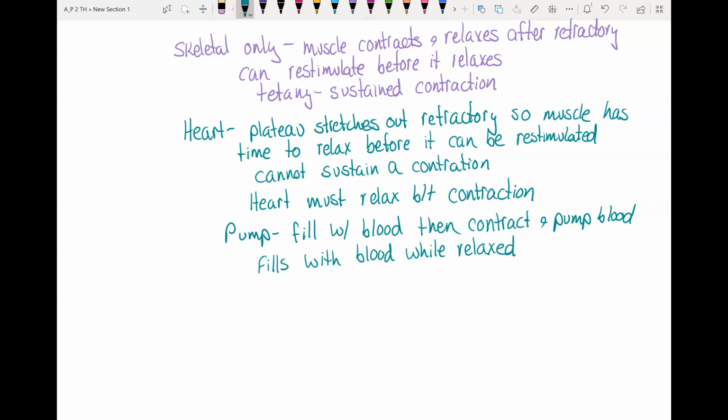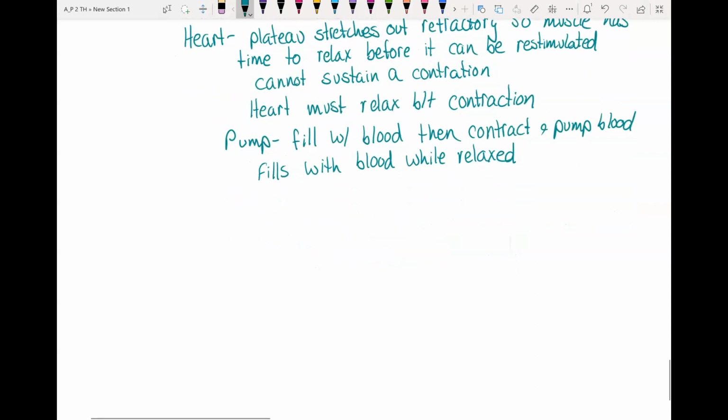So you need this plateau in order to give you a long refractory so that you are forced to allow the heart to relax and fill with blood in order to contract and pump the blood. If you didn't have that long refractory and you could have tetany in the heart, it would seize up. It would contract and then just stay contracted, and you wouldn't actually be pumping blood. You'd just be sitting there frozen in this contraction and not refilling and pumping the blood.